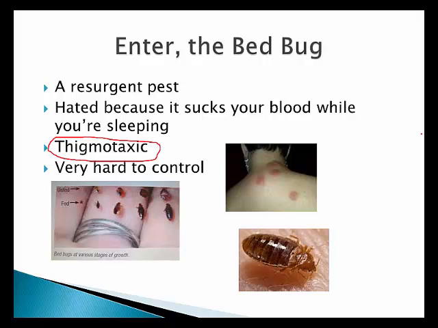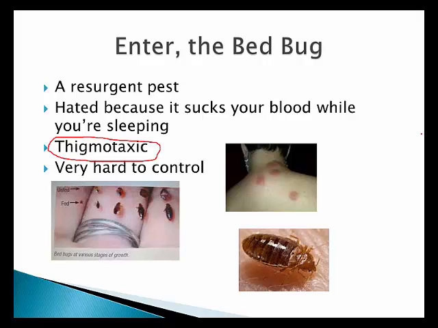What this means is that thigmotaxic organisms like to hide in places where they're closely surrounded by protection, like walls and cracks in the wall. But when you're sleeping, they will come out of their hiding place, wander down to where you're sleeping, and hit you up for a blood meal, and then go rapidly back into their hiding space.